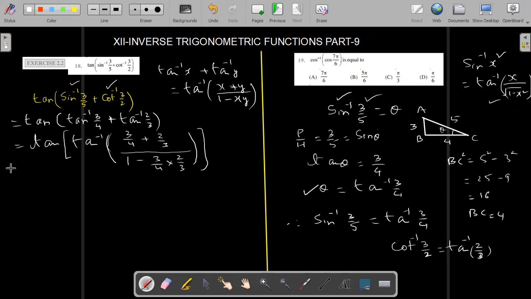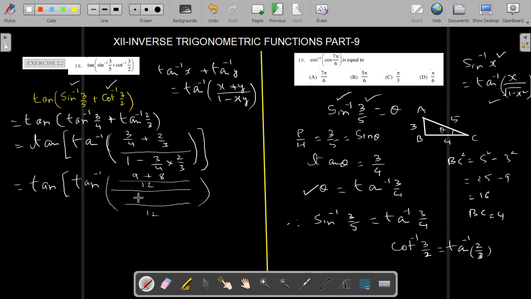Now see, do not cancel this 3, because then the LCM will be different for numerator and denominator, and again you have to make it the same for cancelling. So in order to get an easy way of cancelling, do not cancel this 3 and 3. You can directly take the LCM of the numerator and denominator, which is 12. So 3 3s are 9 and 4 2s are 8, and 3 4s are 12.